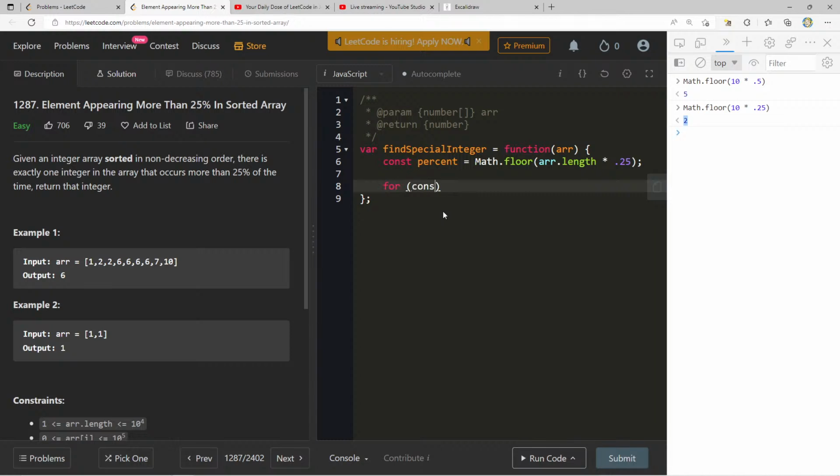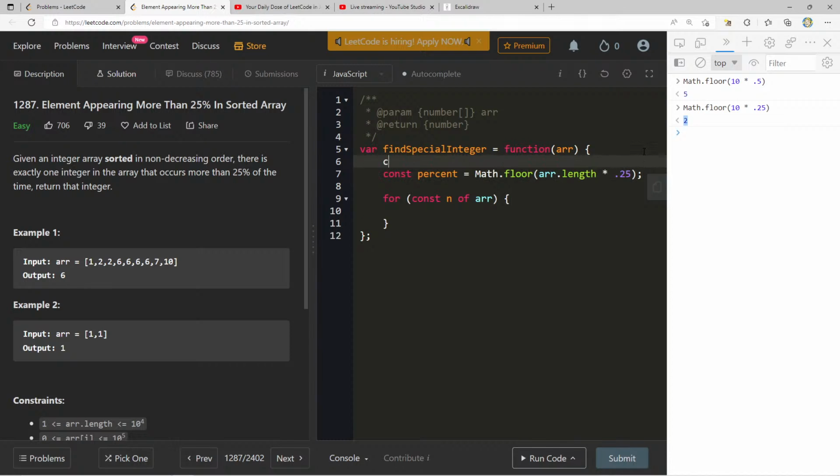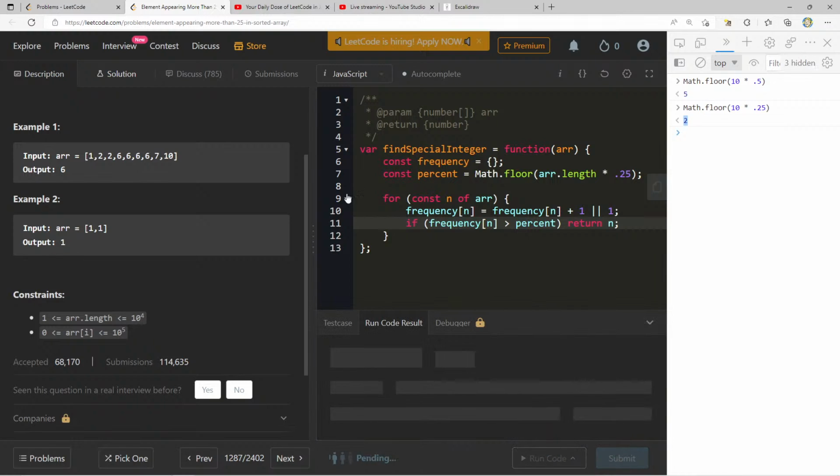And then we can say for const n of array, we'll also create a frequency object literal. Frequency of n equals frequency of n plus 1 or 1. If frequency of n is greater than percent, return n. So this should give us the answer.